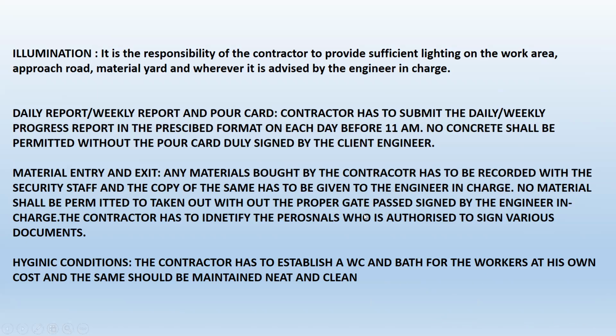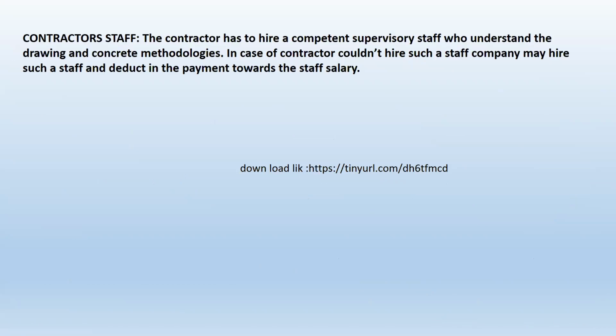Hygienic condition. Ensure that you put a clause that hygienic condition is the responsibility of the contractor. You also have to identify, for executing the project, how many staff the contractor has to hire and what category of staff, and make it clear, because the ultimate responsibility comes to the prime employer. So you have to ensure that the contractor's staff and laborers get paid regularly.